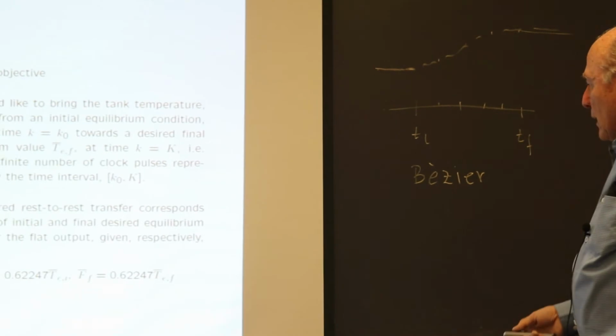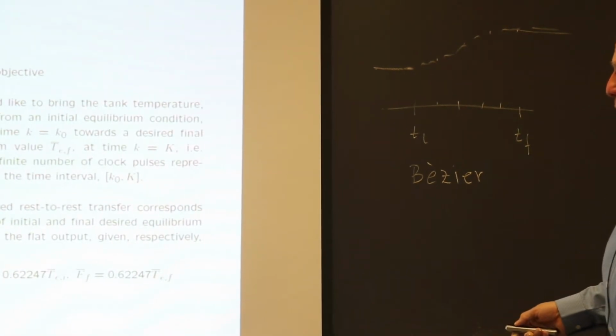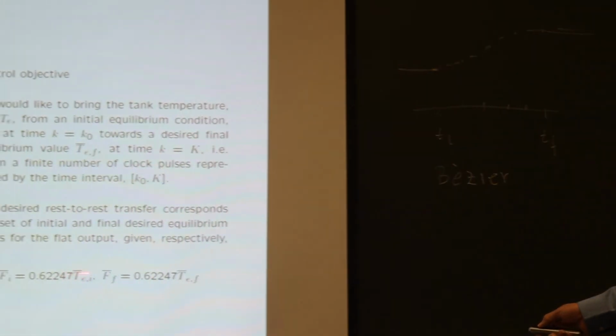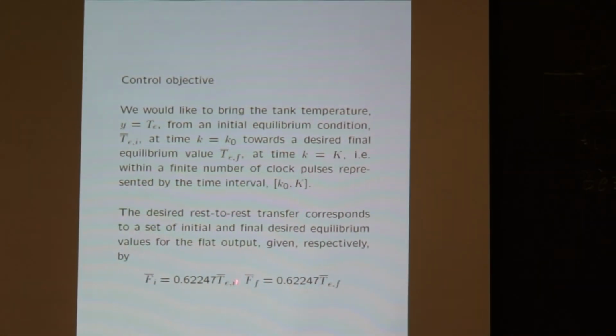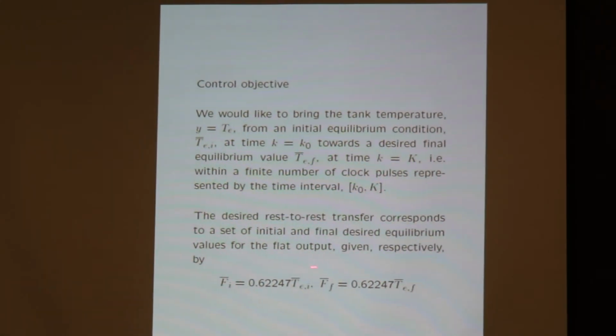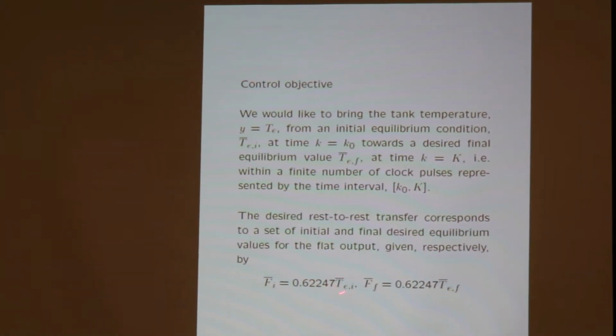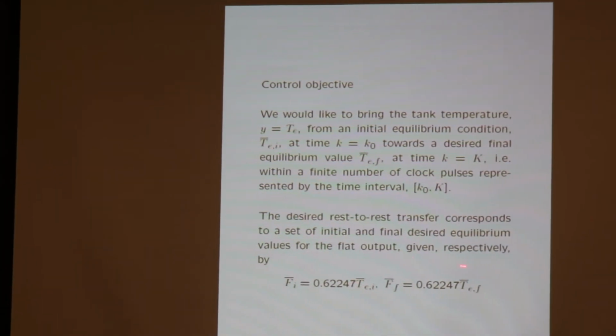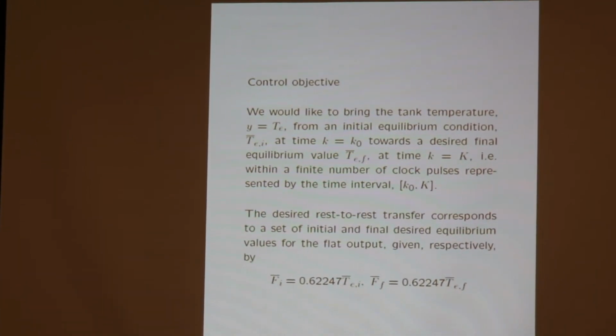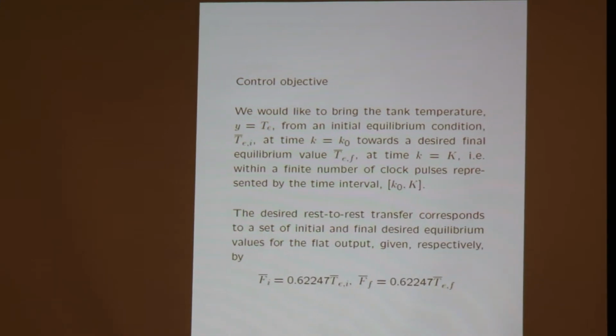So the trajectory can be planned to depart from this initial flat output and land at this final flat output, in terms of the initial equilibrium value of the temperature and the desired final value of the output temperature.